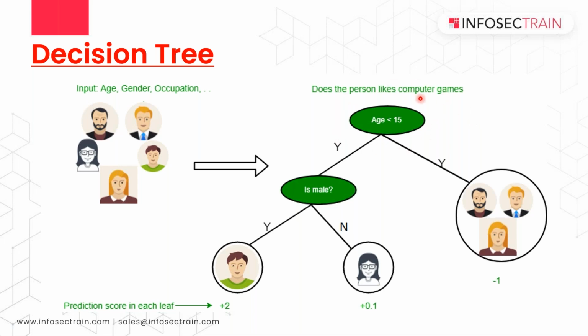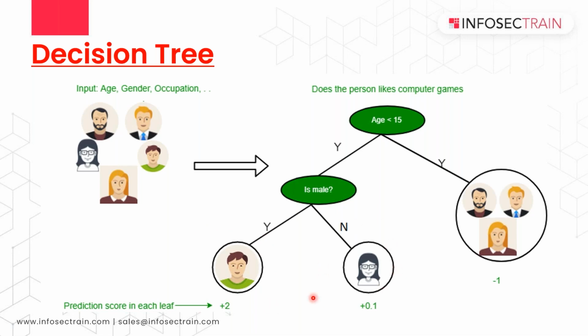So this is my root node in simple words, and from that we can split the data. If age is less than 15, the term is -1. This is going to be the prediction score for each leaf. A leaf is nothing but your outcome.